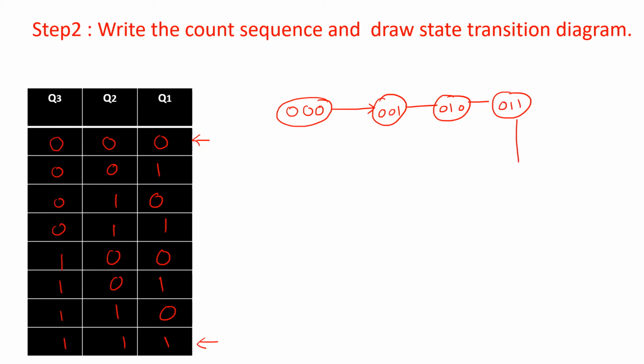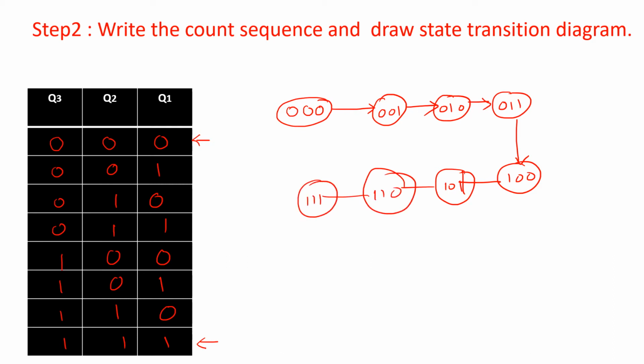Then 100. Then 101. Then next it would be 110. Next it would be 111, and after that 111 it will go back to the original state, that is 000. So this is the state transition diagram for 3-bit up counter.